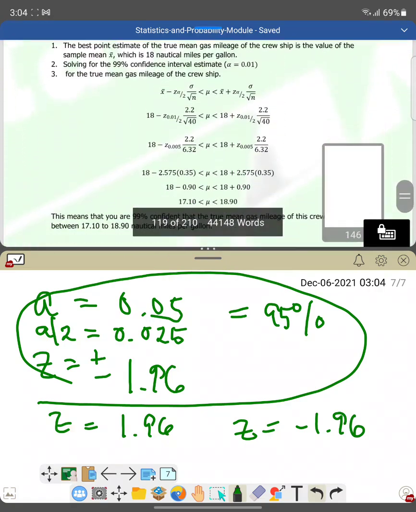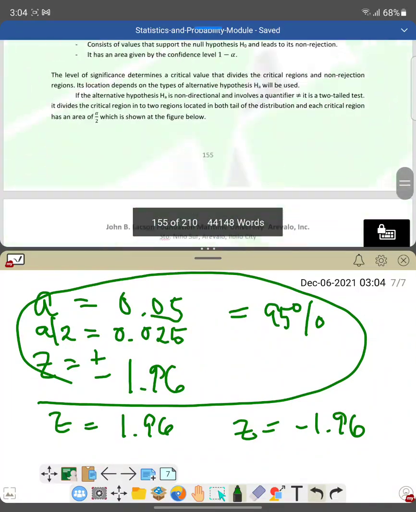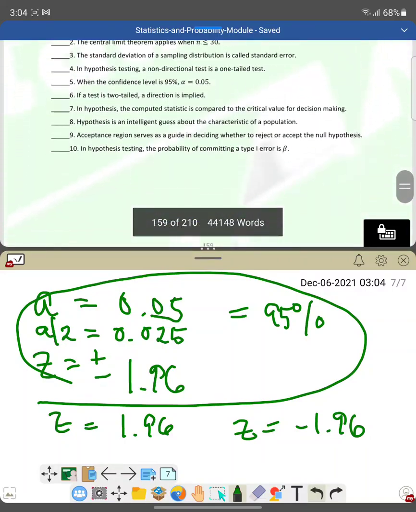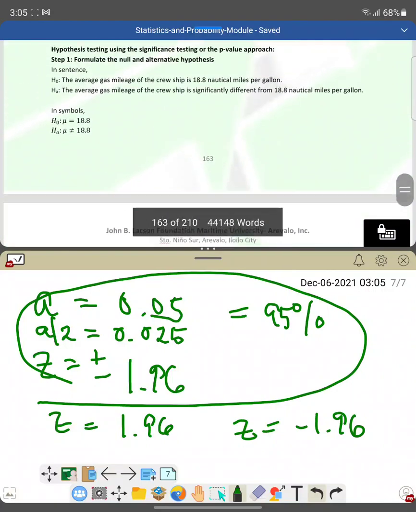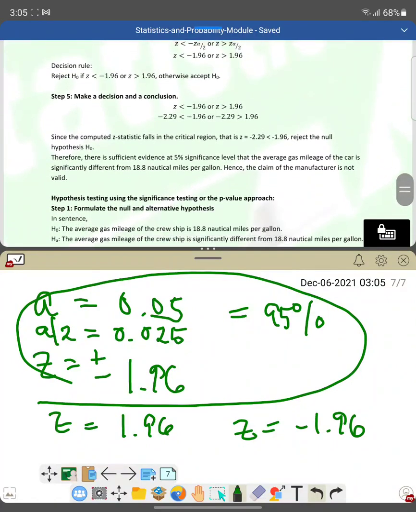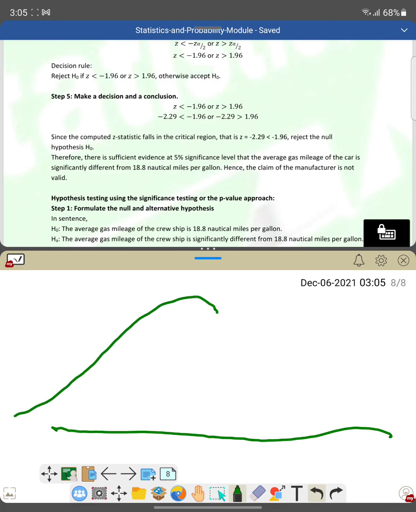So going back to our problem earlier, we have here a negative 2.29. If we establish that using the normal distribution, we are going to draw that one, example only.